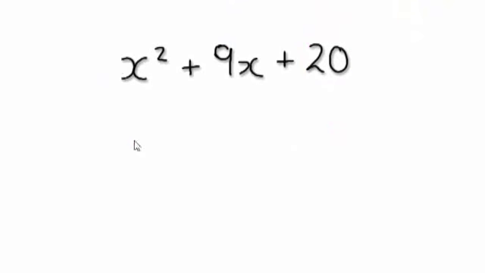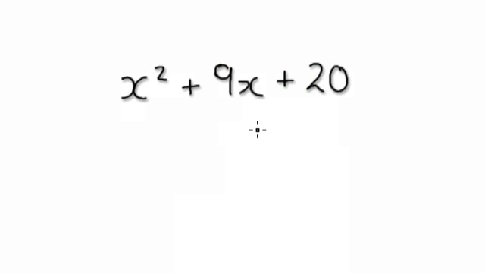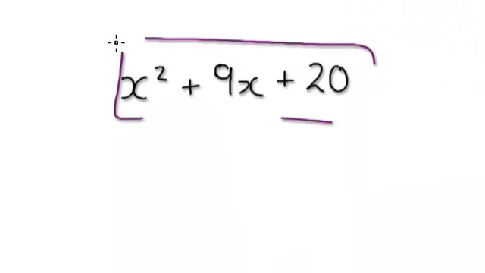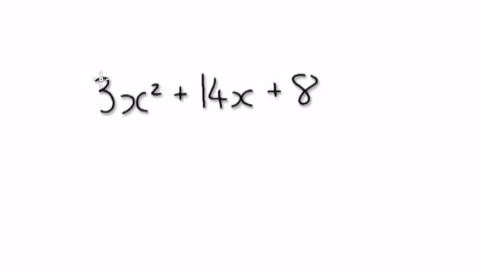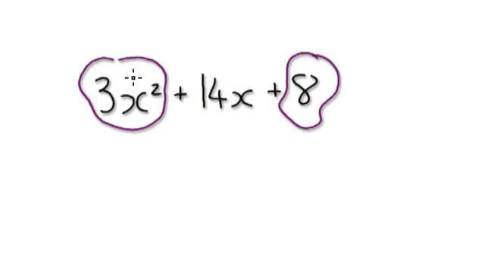So when you get given a quadratic, have a quick glance to see if you can do it inside your head. In this case, this one should be relatively easy to do. Whereas this one here, because there's a coefficient of 3 here, it becomes harder. So here you've got to do it simultaneously.